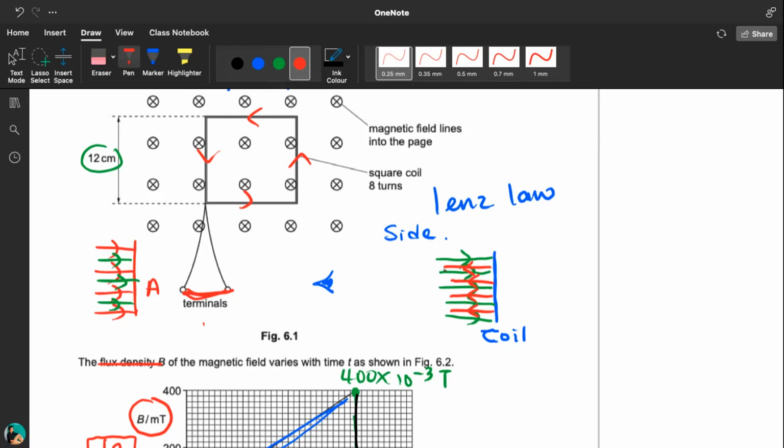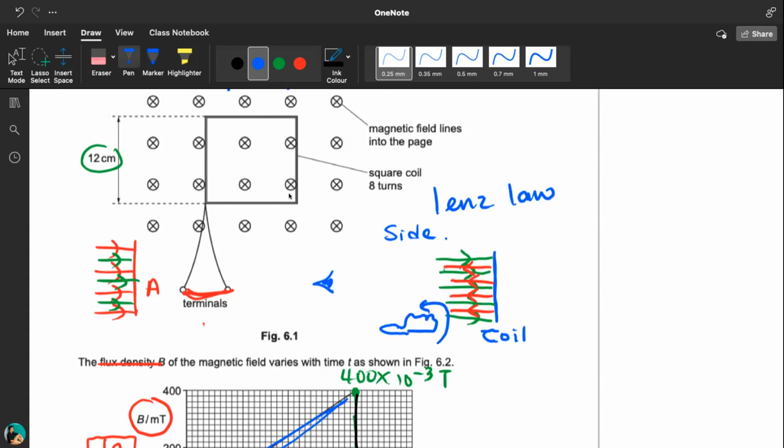Okay, so this red line is the field of the coil. And then you're going to do your right hand grip. Your thumb points following the direction of the field, and then you close your grip. That's how you find the current direction in the coil here. So this is your thumb, and then you close your grip.